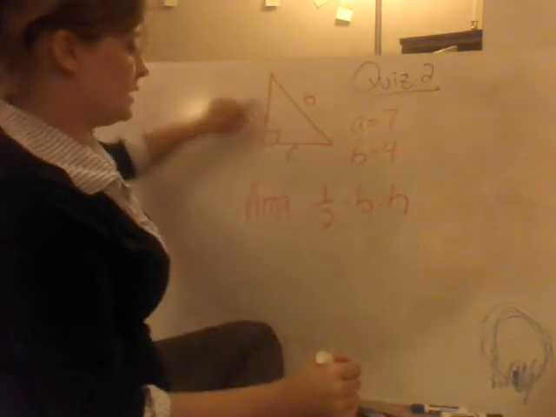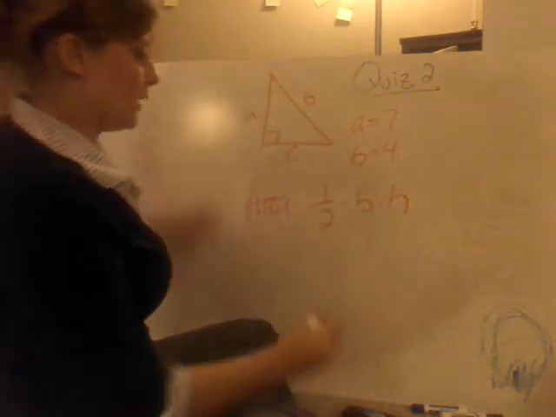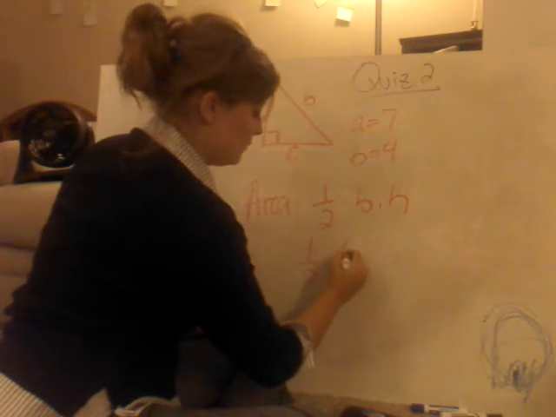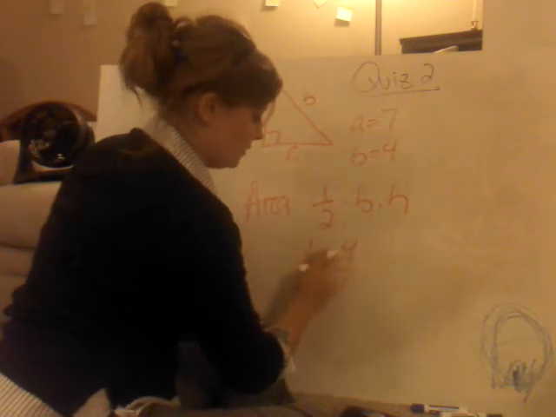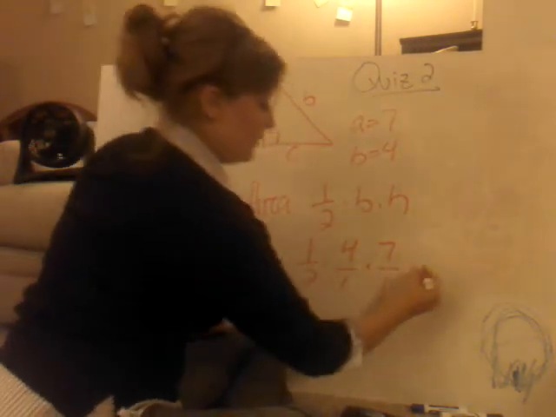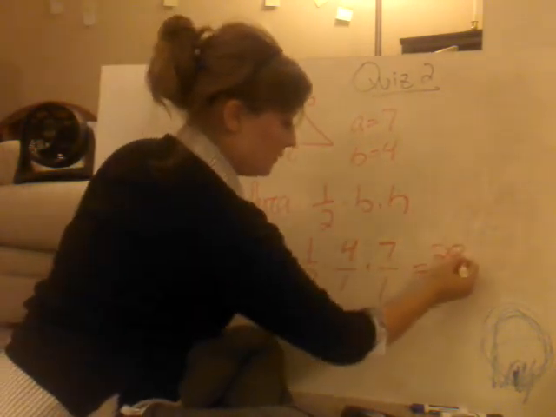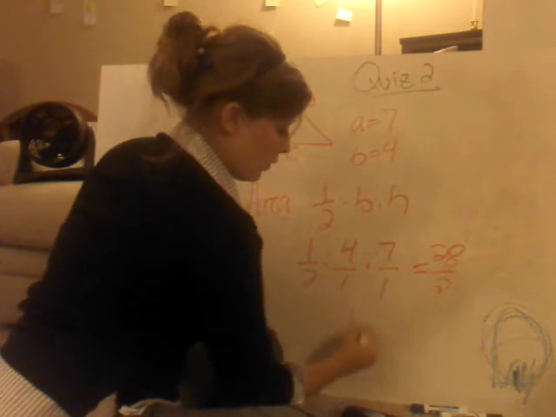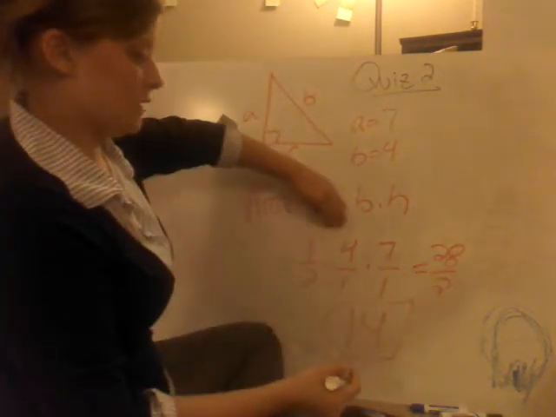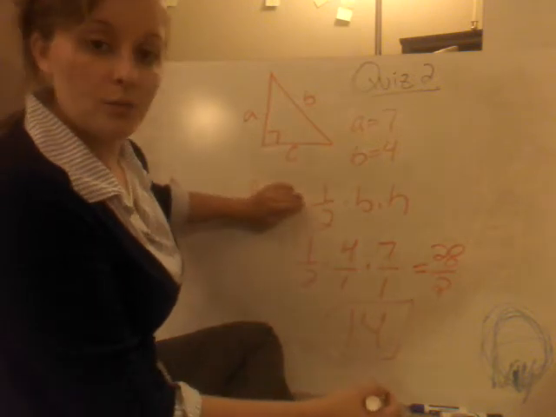Now the height in this situation is A. So I have 1/2 times 4 over 1 times 7 over 1. This is 28 over 2 or 14. So a lot of people got this part down. They took the 7 times the 4, but they forgot to multiply it by the 1/2.